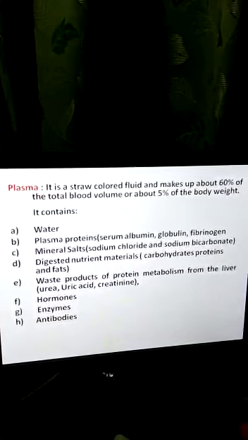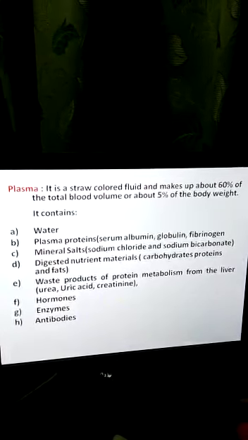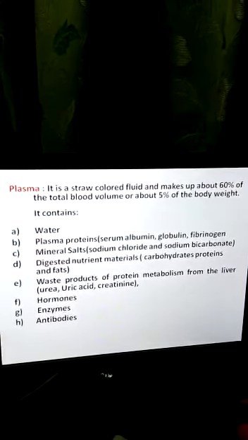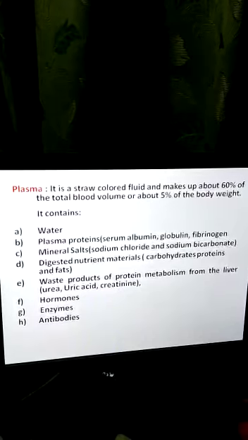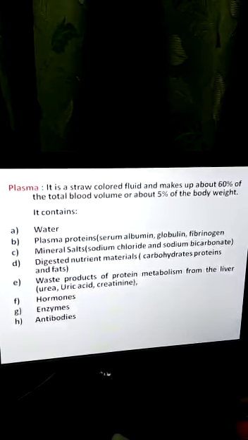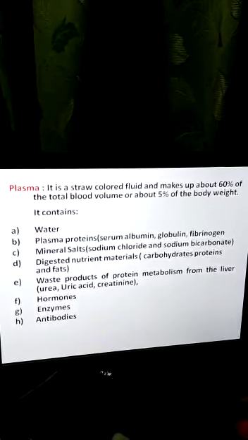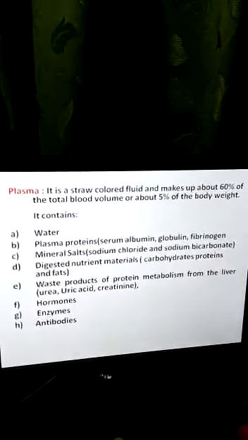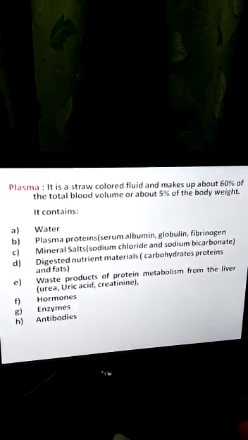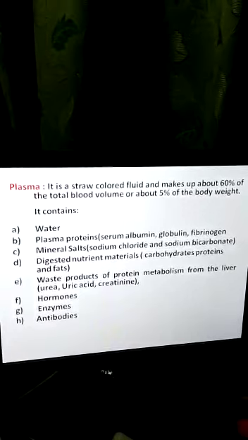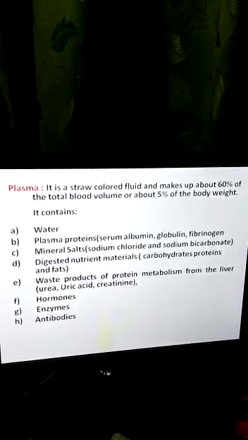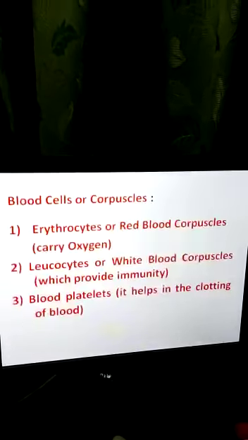When I took the nutrition class, I told you that after digestion, the digested materials of carbohydrates, proteins and fats mix with the blood. Next, waste products of protein metabolism from the liver: urea, uric acid and creatinine. Next, hormones, then enzymes, and last is antibodies.